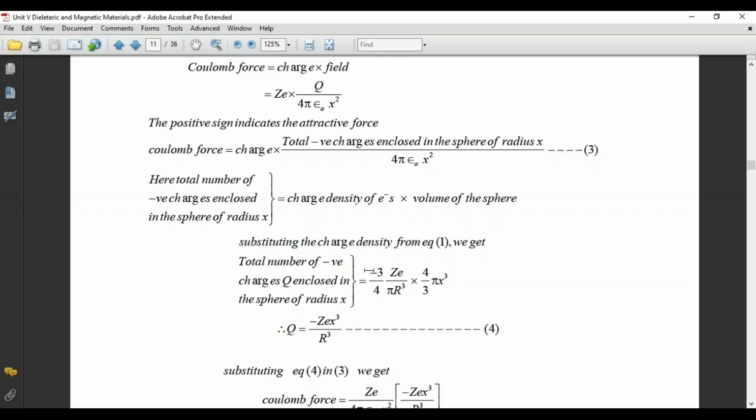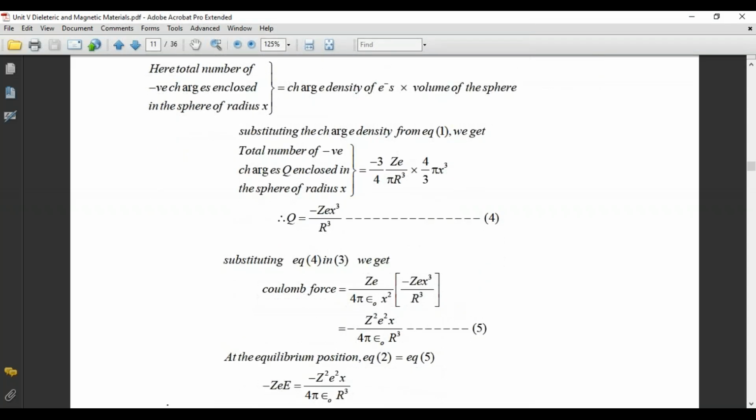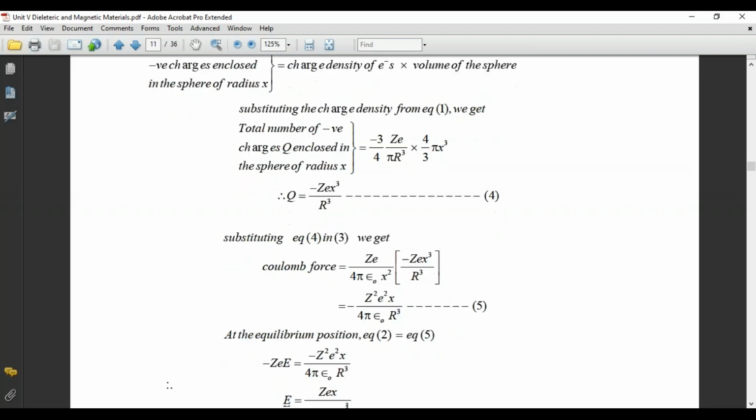The charge density you have already taken from equation 1, and this is multiplied by the volume of the sphere. From that you will get Q equal to minus Ze x cubed by R cubed. This is equation 4. Substitute equation 4 into equation 3, you will get the Coulomb force, that is Ze by 4 pi epsilon naught x squared, times minus Ze x cubed by R cubed.